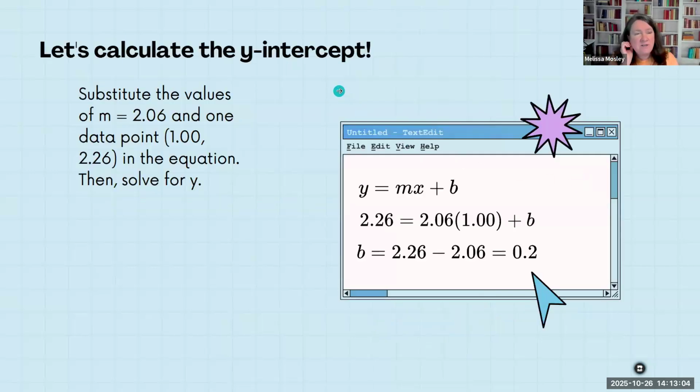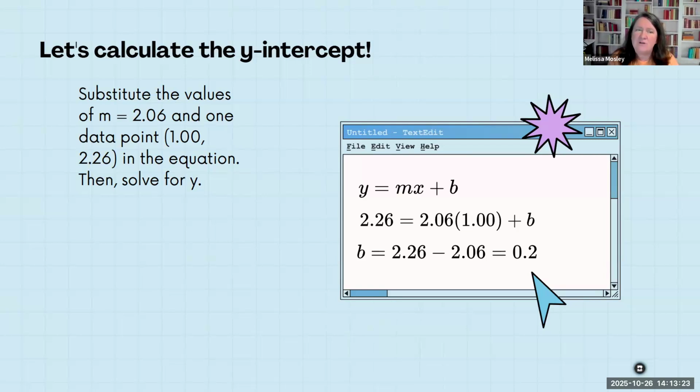So we can substitute some values to find the y-intercept as well, instead of just looking at a graph where we can see that x is 0, and then we can see specifically where the line crosses the y-axis to get the y-intercept.